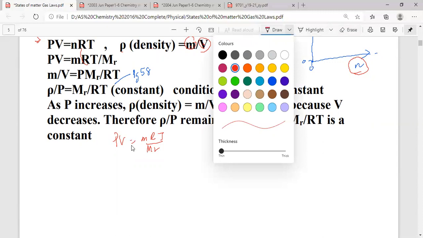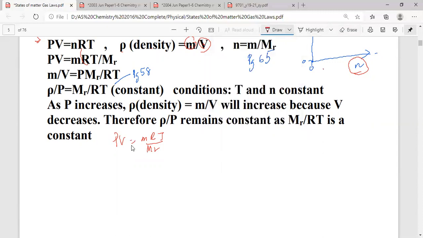Rho is equal to mass over volume. This is density. So I put m over V, and it's equal to rho, which is equal to P mR over RT. So this is rho.